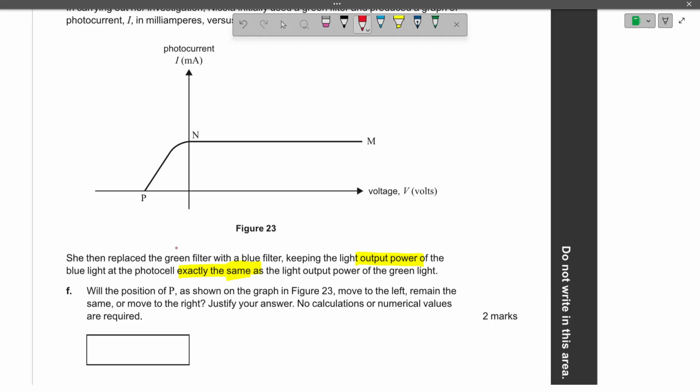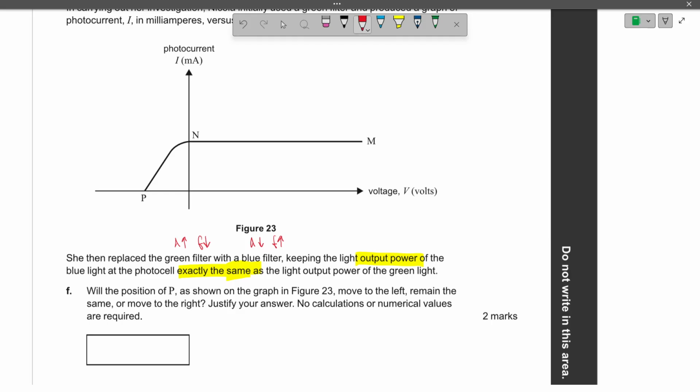Green has a higher wavelength. Blue has a wavelength that is lower. Alternatively, you can talk about frequency. So the frequency of green is lower, the frequency of blue is higher.